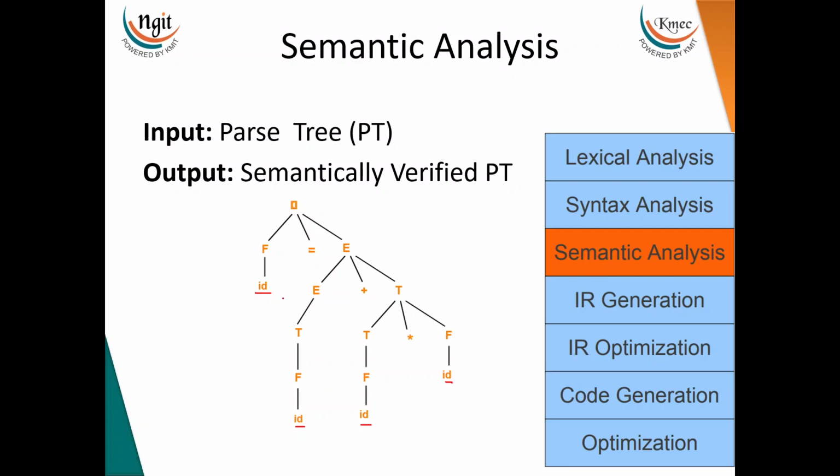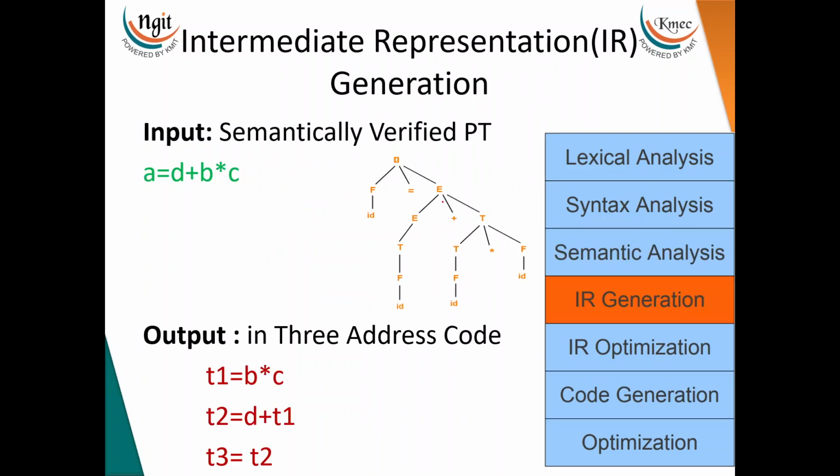It is going to decorate this parse tree based on type, like integer, integer, short, and it verifies by using SDTs, syntax directed definitions or syntax directed translations. Once it is verified, that semantically verified parse tree will be given as input to the intermediate code generation, that is IR, intermediate representation generation.